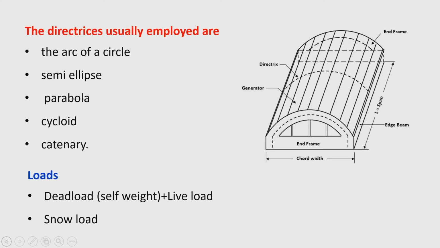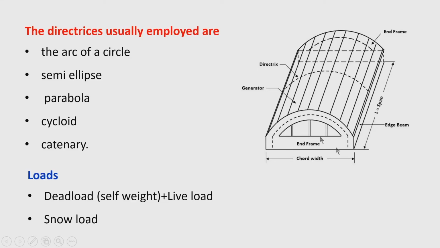Directrices that are usually employed in the cylindrical shell may be an arc of a circle. Arc of a circle, that is a circular cylindrical shell, is very common and analysis is also simple because of the simple nature of the curve, that is circle. But when we take the elliptical directrix, semi ellipse directrix, or a part of a parabola or a cycloid, catenary, the analysis becomes involved because of complexity in the geometry.